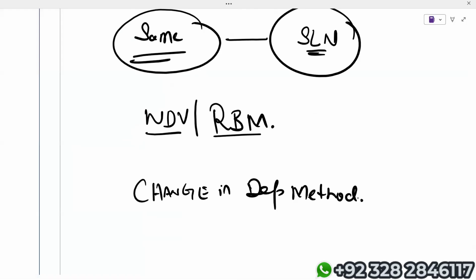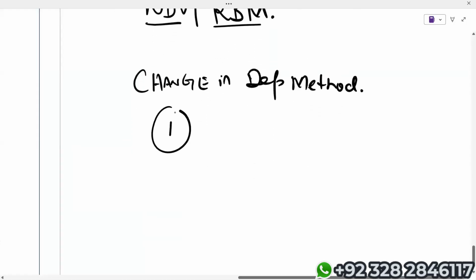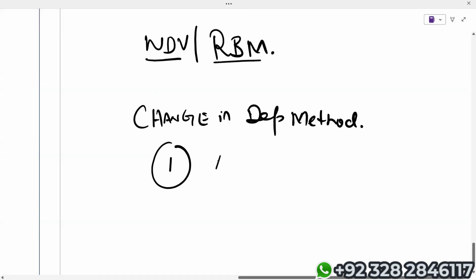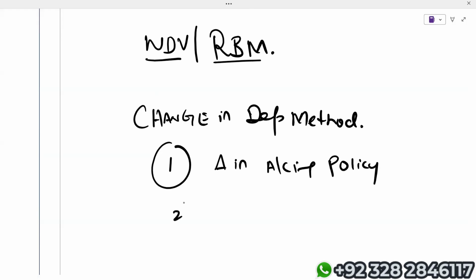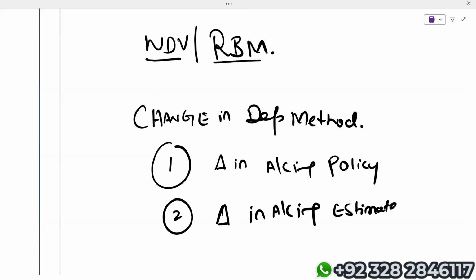Number one, should I treat this as a change in accounting policy? Or second, should I treat this as a change in accounting estimates? Kindly reply and give me the reason as well.